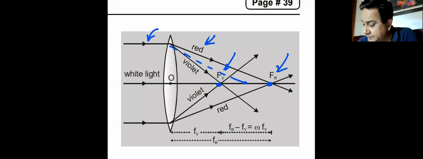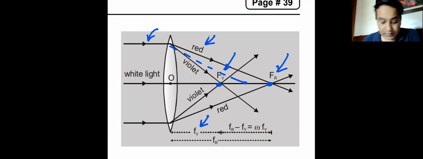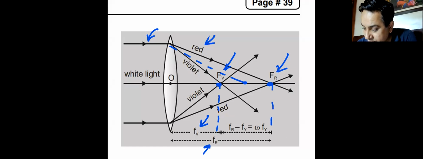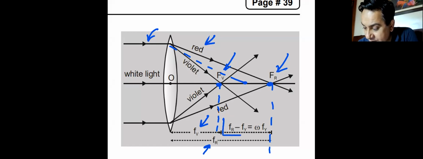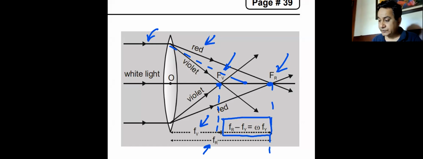You can see this is the focal length Fv for the violet light from here to here. This is the focal length for the red light from here to here. The difference between the focal lengths, Fr minus Fv, is shown in the diagram on page number 39 of your sheet.